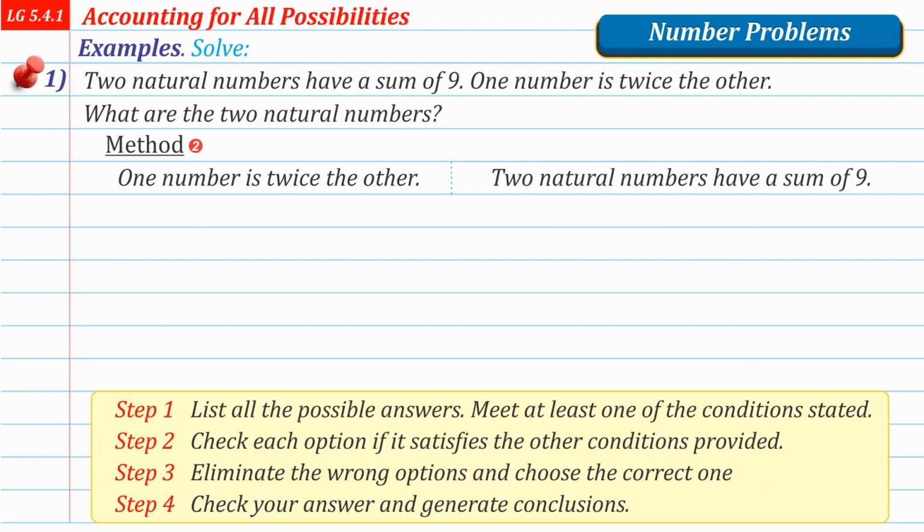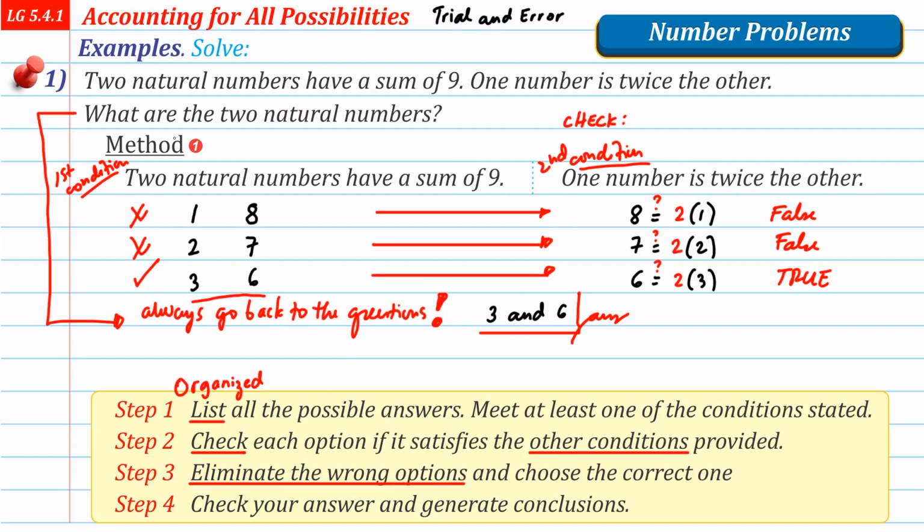Ay, teka, sorry. It's the same example. Notice, dito sa previous na ginawa natin, our method 1, we are trying to solve this pala using two methods. Our method 1, inuna natin yung first condition. We look for trial values using the first condition, correct? So, two natural numbers have a sum of 9. We looked for numbers which satisfy this condition.